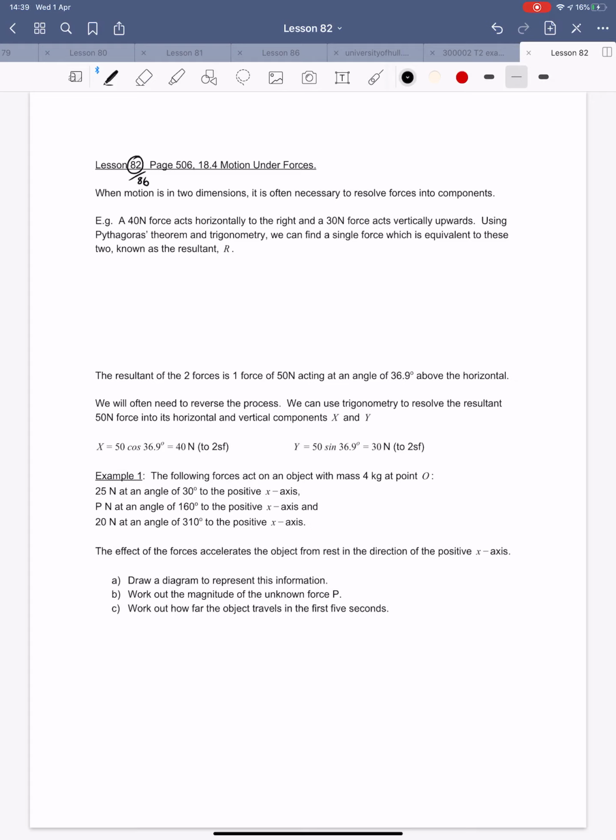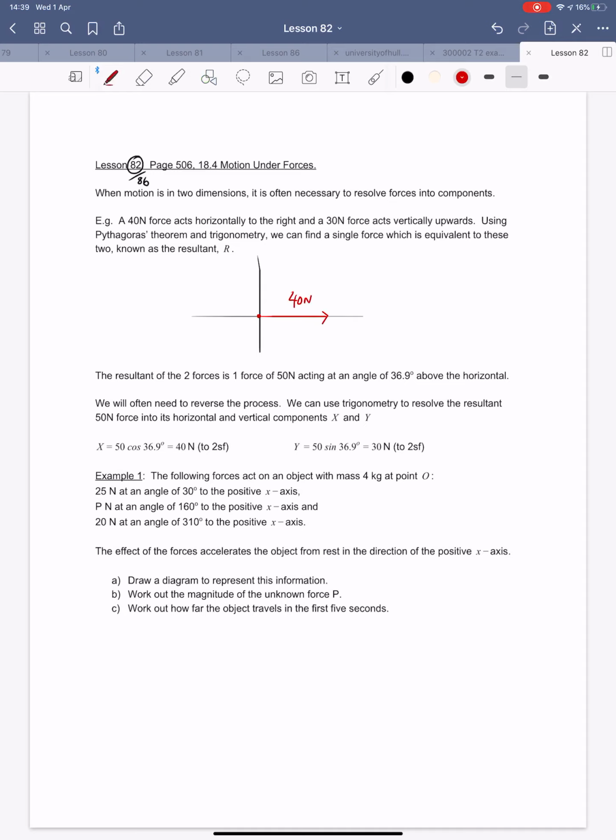It's motion under forces. So if motion is in 2 dimensions, it's often necessary to resolve forces into components. Example, a 40 Newton force acts horizontally to the right. So if it acts here, that's 40 newtons that way.